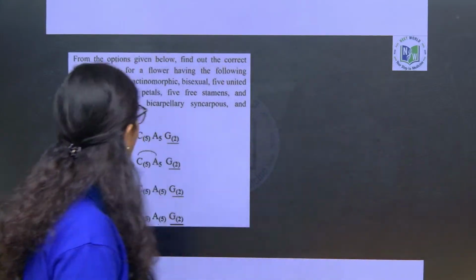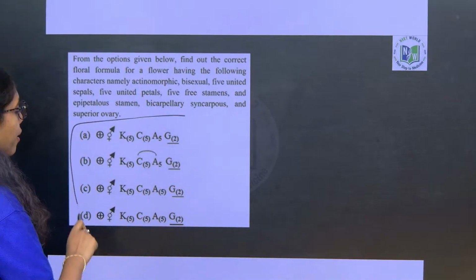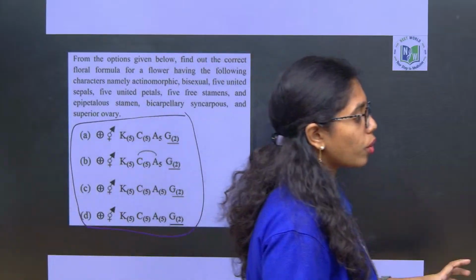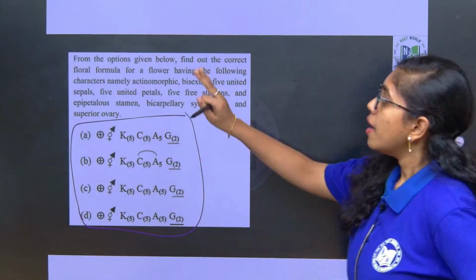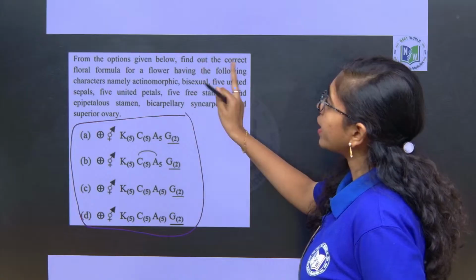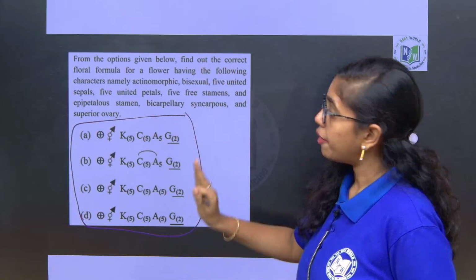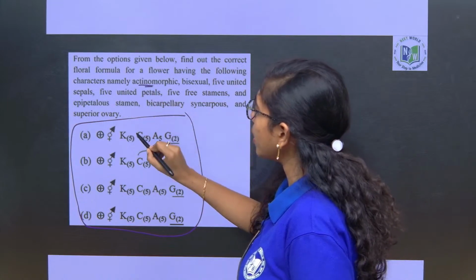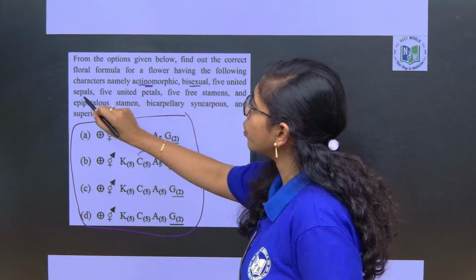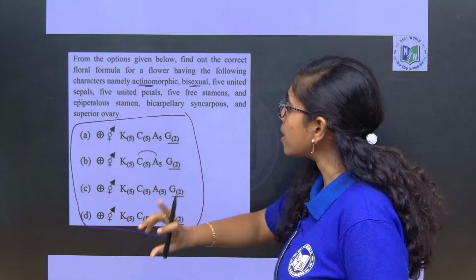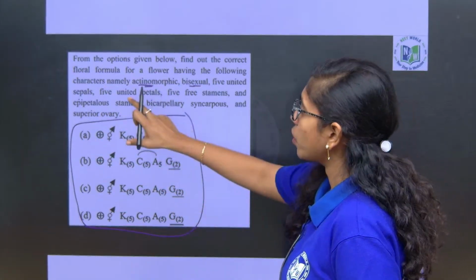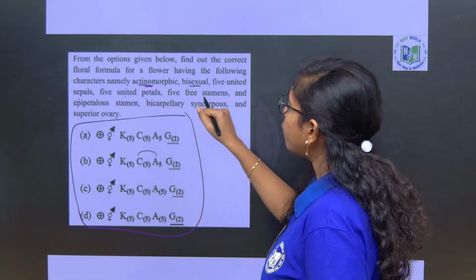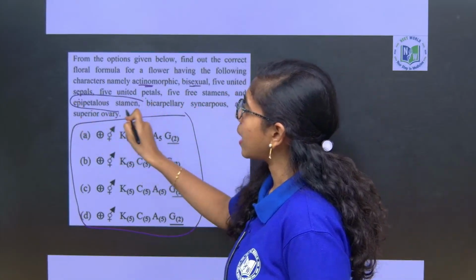Next, this is from floral formula and floral diagrams. I have placed many questions from floral formula and floral diagrams. Keep following. From the options given below, find the correct floral formula for a flower having the following characters: actinomorphic, bisexual, 5 united sepals, that is gamosepalous, 5 united petals, that is gamopetalous, 5 free stamens and epipetalous condition.